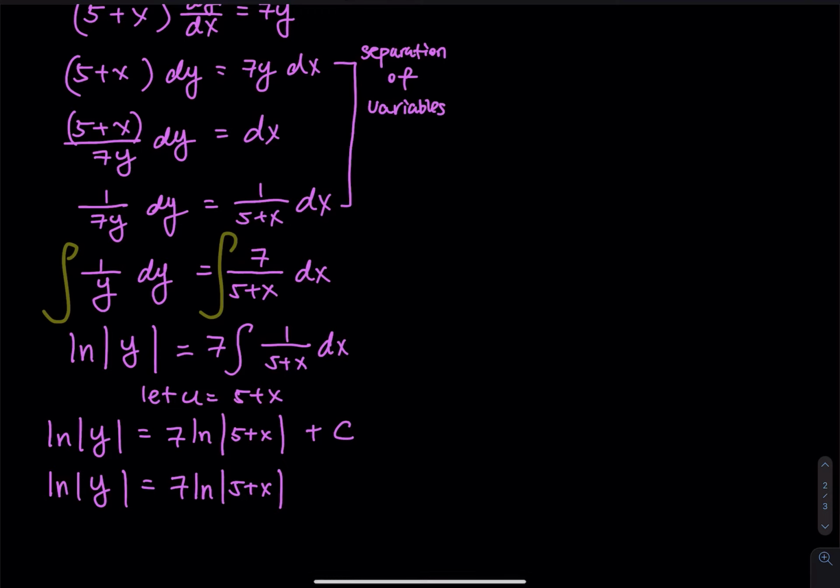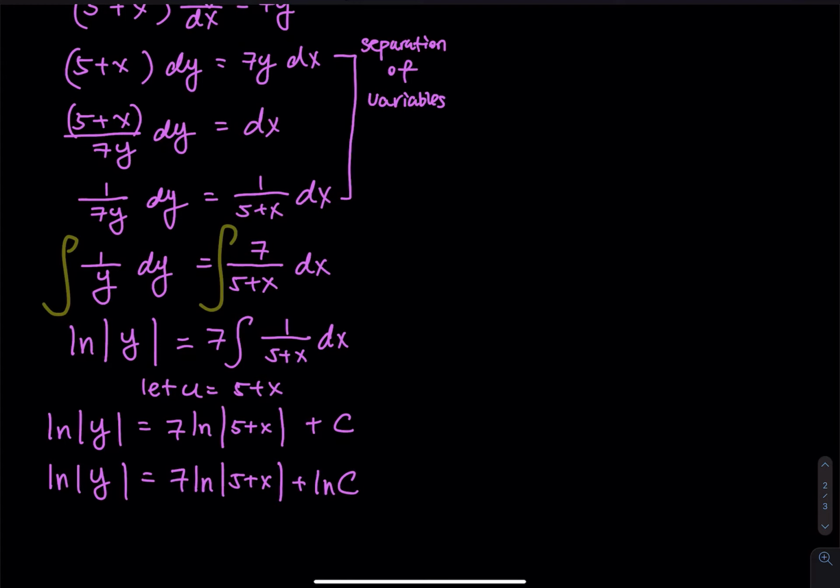Since we have an ln right there, listen to me right now. A constant is a constant. It doesn't matter how you state the constant. So a constant c is the same as ln constant c. Can you just write this down? A constant is a constant.